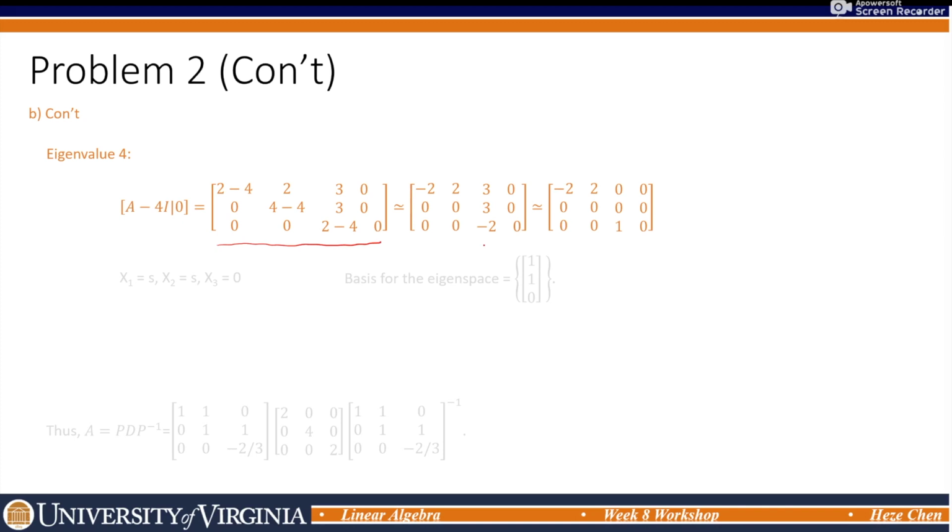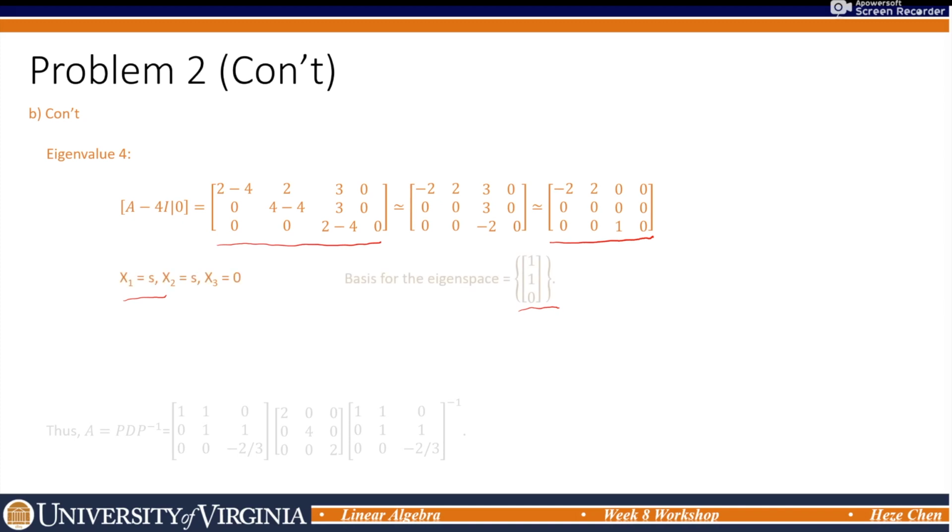Then we will do the Gaussian elimination to reduce it, and by that reduced REF, we will find x1 and x2. x1 can be free, and x2 depends on the value of x1. So x1 is equal to s, x2 is equal to s, and x3 should be equal to 0. So the basis for the eigenspace of eigenvalue 4 is the vector (1, 1, 0).